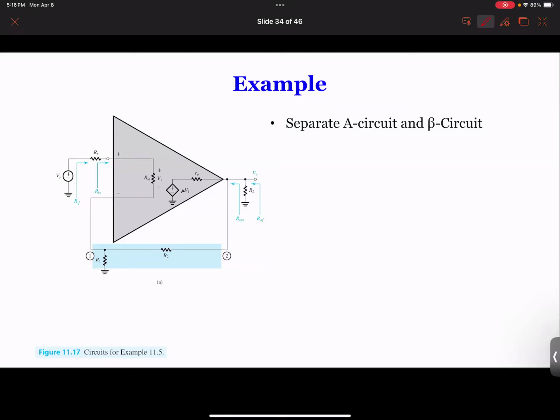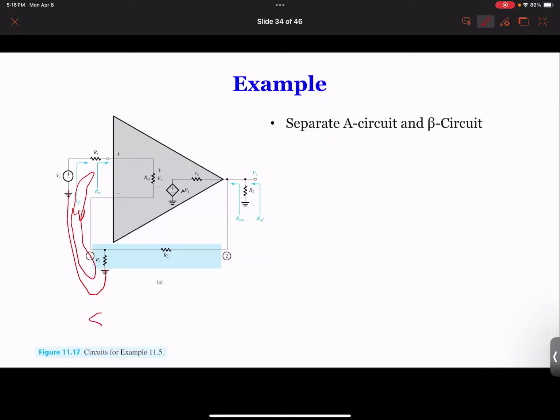Therefore, the input voltage and this feedback voltage are in series. Now, how do you know it's in series? Well, if I add the ground together, you can see this is a loop, right? So the voltage is in series.